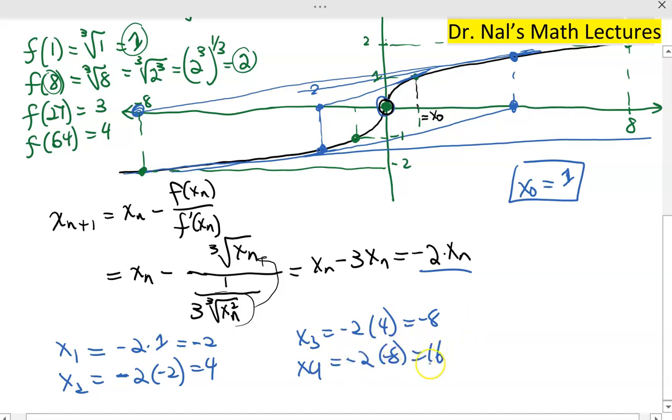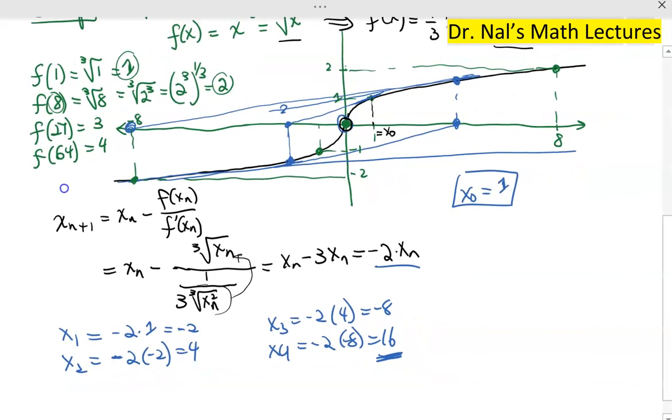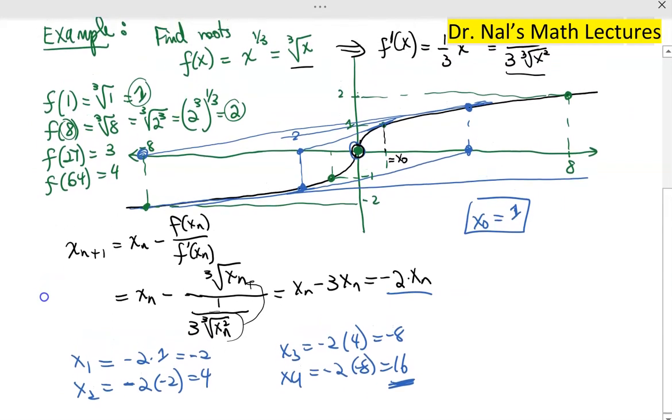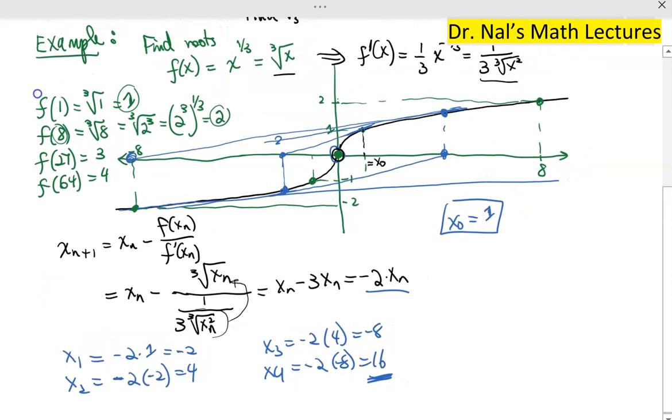We go farther and farther, and it doesn't approximate to the value of 0 at all. In fact, it doesn't approximate to any value altogether. So that's an example where Newton method will fail. There are different ways to fix this as well, but we will not go into that in this course.